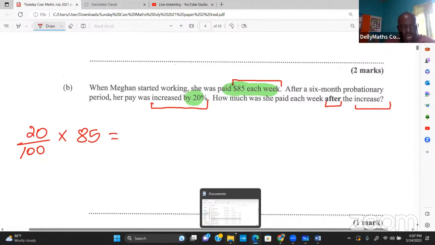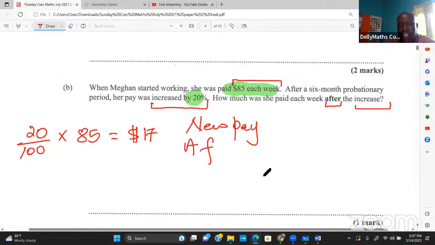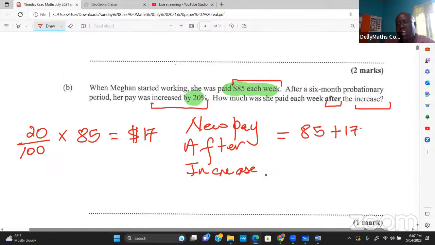Yeah, we'll get $17 here. And then now what you want to do with that, you want to add that to what she had before. So we're talking about her new pay after increase. So after she got that increase, she's going to be getting that $85 plus $17 more. She's now getting $102.